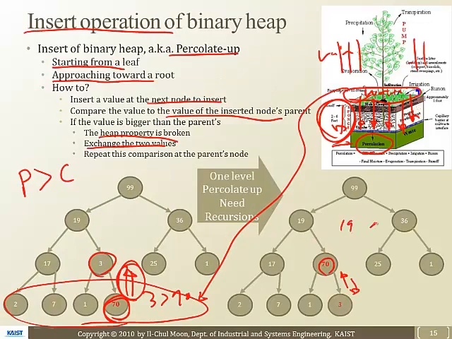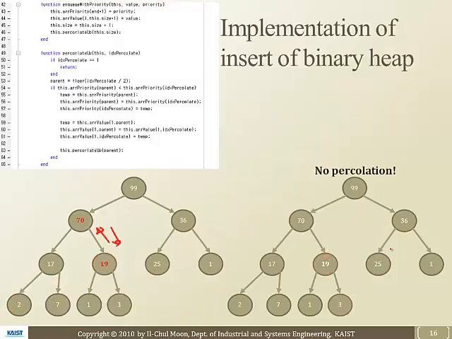So 19 is actually smaller than the 70, so the heap property is broken. So 70 is going to percolate up like this. And then we compare the 99 and 70. Now is the perfect time, because the heap property is kept, so there is no more percolation up. Now we have a binary heap that has a new value of 70.